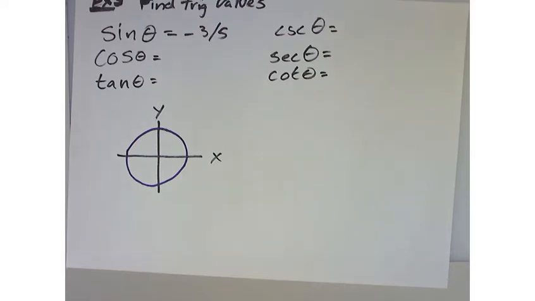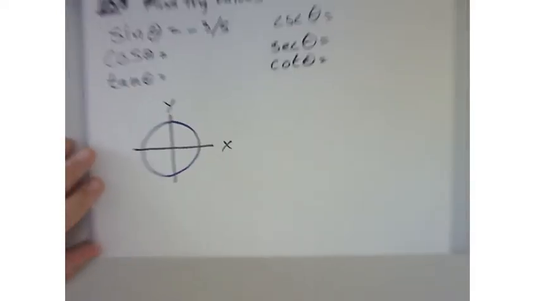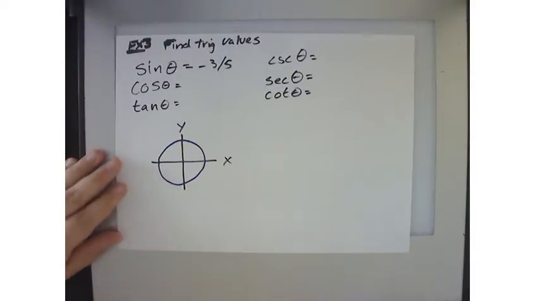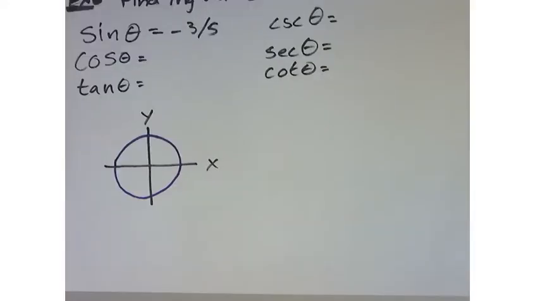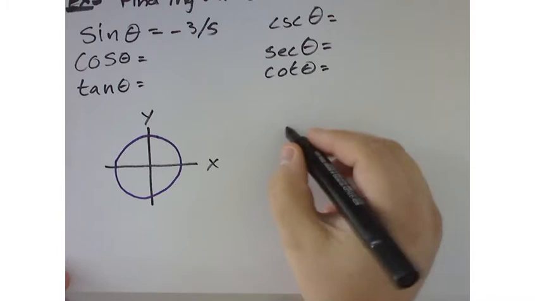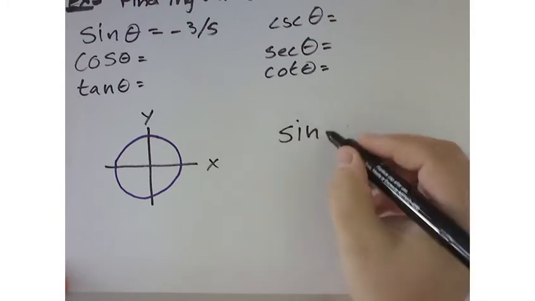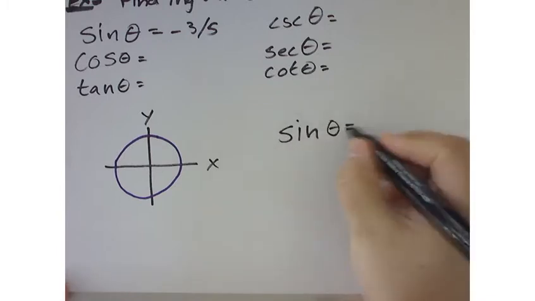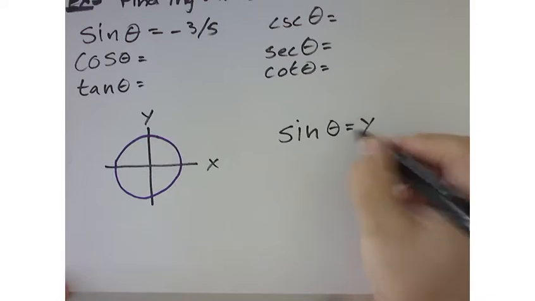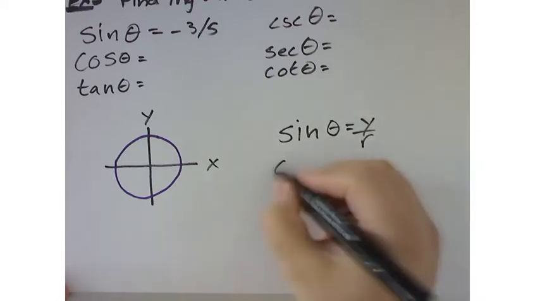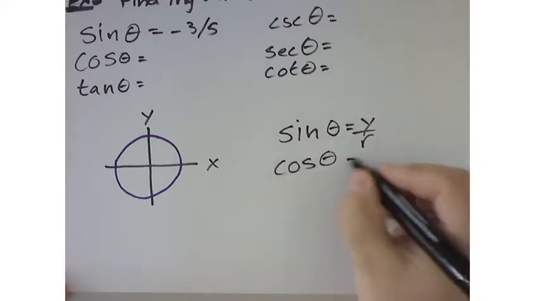And I suppose what we should probably do is, on the bottom here, remind ourselves of the warm-up activity we just took for this circle in the Cartesian plane. Sine of theta was equal to y over r. Cosine of theta was equal to x over r.